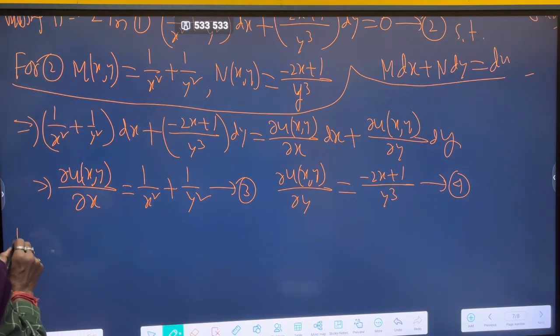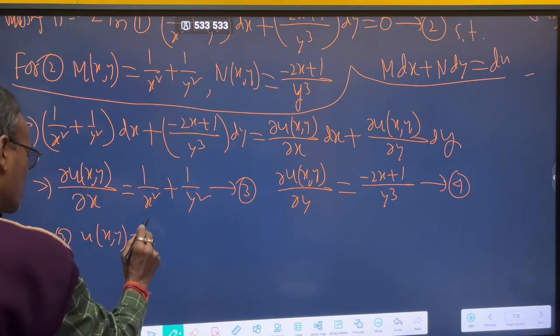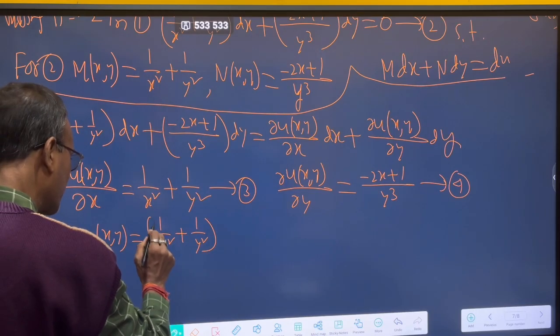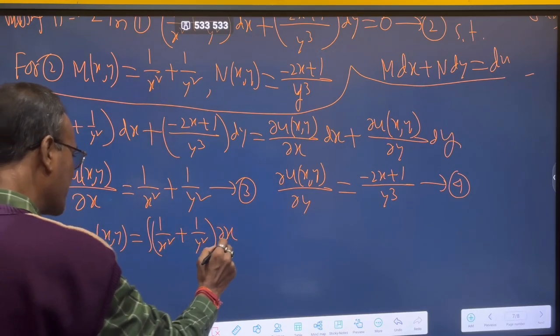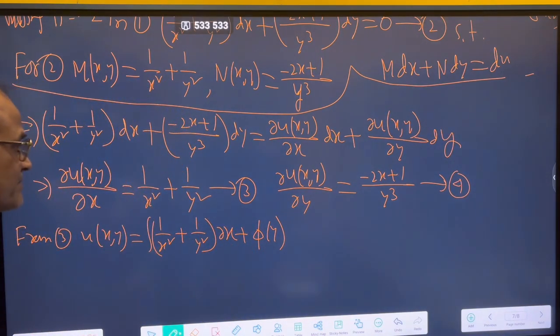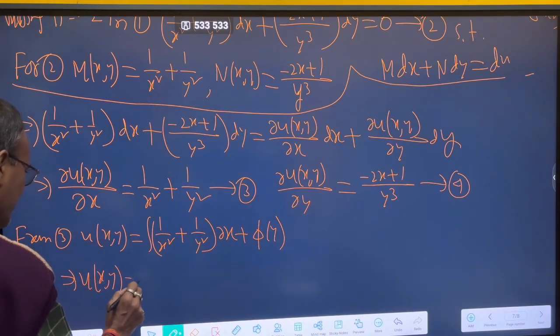From 3, u(x,y) equals the integral of (1/x² + 1/y²) del x plus phi(y).